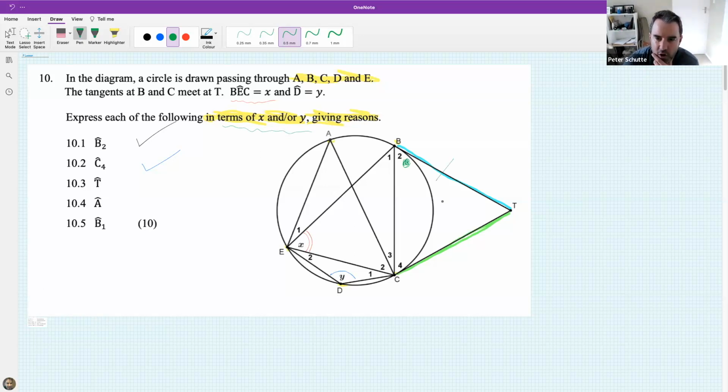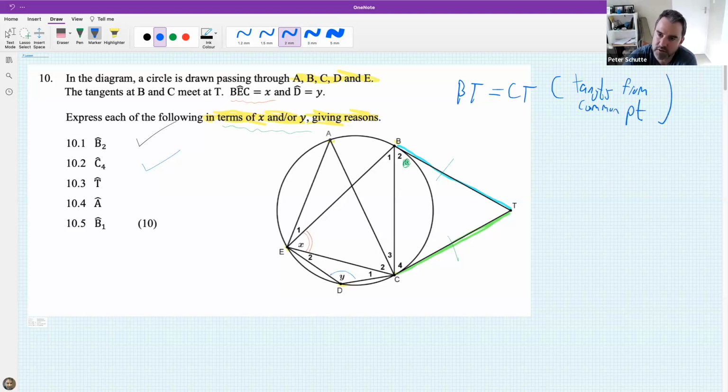So we kind of know that this and this are going to be equal. Okay. And that's going to be because of tangents from a common point. So we know that BT is equal to CT, and that's tangents from common point.